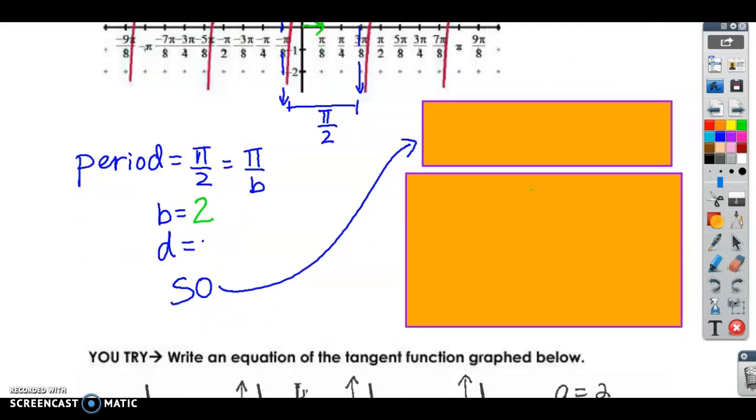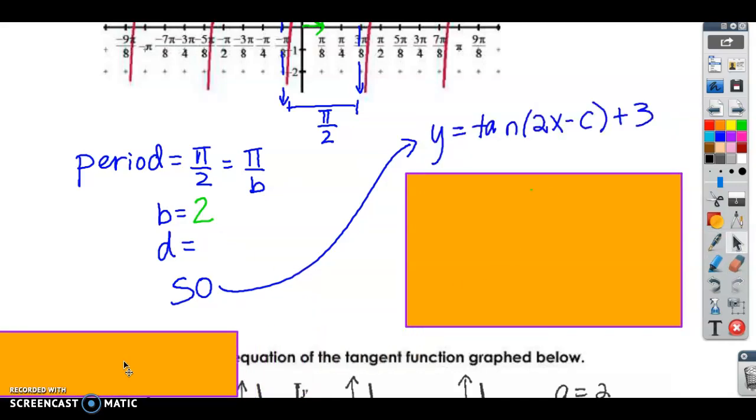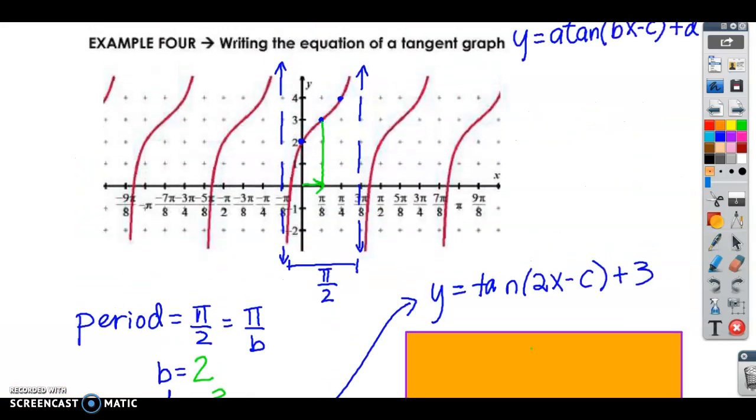Let's get to a completely different problem. If I was in class, you guys would have caught that before me. Alright, so far we've got our B, our number in front of X, and our D plus 3.